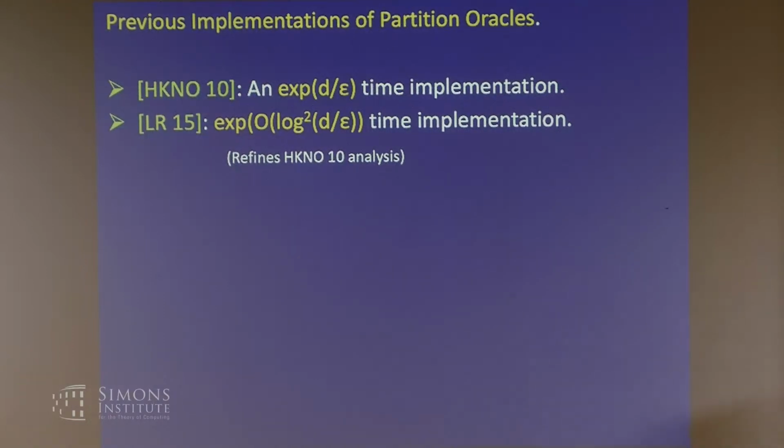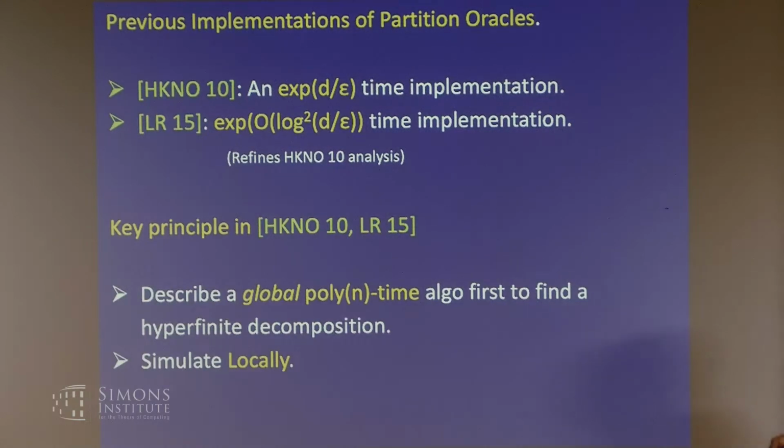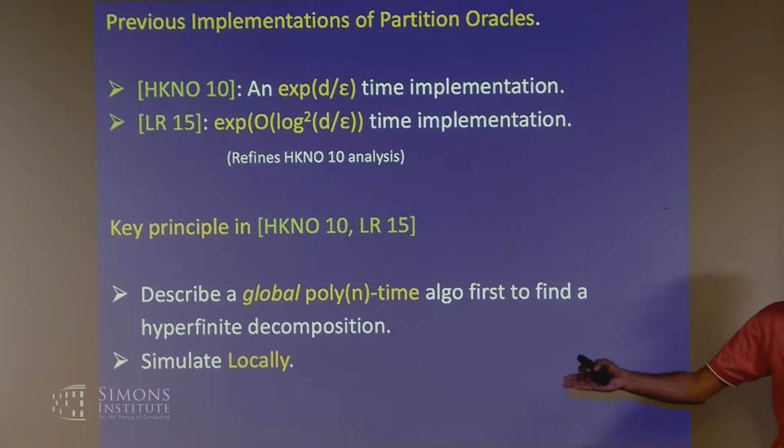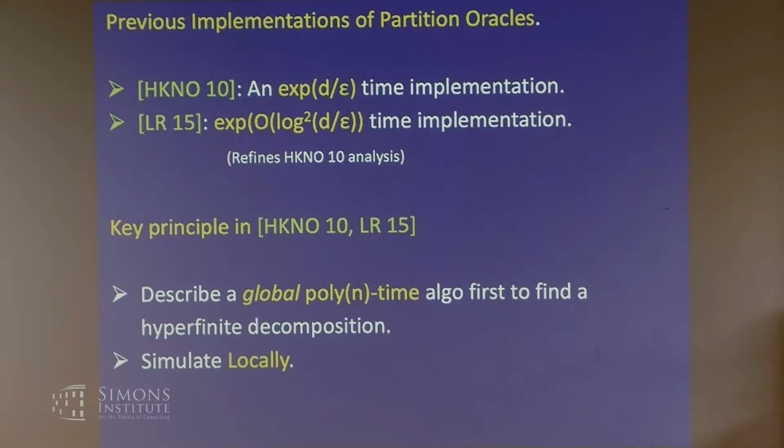They follow one common underlying theme. First, you describe a global algorithm that runs in time polynomial in n and outputs a hyperfinite decomposition. Then you argue that you can faithfully simulate this global algorithm. If you can do both of these steps, you have an honest-to-goodness implementation of a partition oracle in your hands.